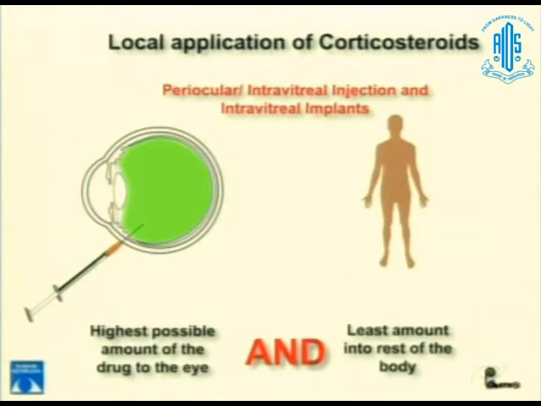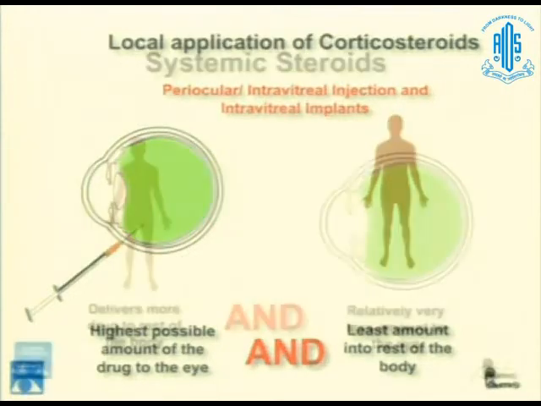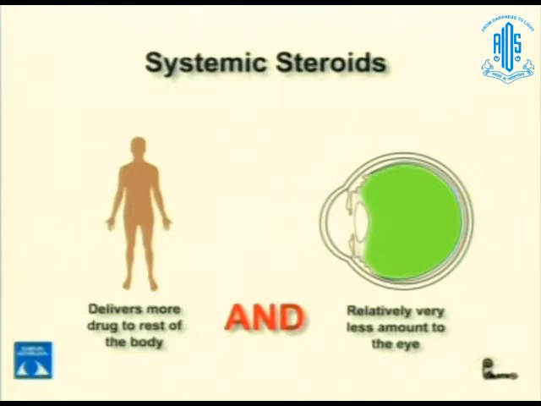So with local application, what happens here? The highest possible amount of the drug is delivered to the eye and the least amount to the rest of the body in the case of local steroid. Whereas in the case of systemic steroid, it delivers more drug to the rest of the body and relatively very little to the eye.